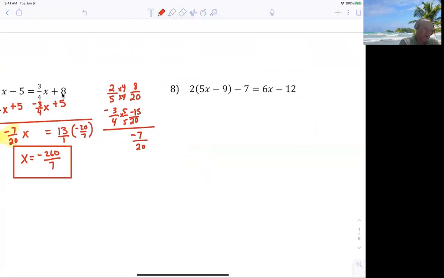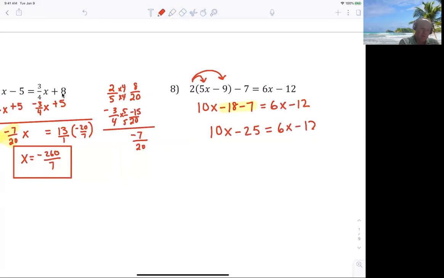Again, for number 8, you're going to combine terms. 10x minus 18 minus 7 equals 6x minus 12. Combining terms now, 10x minus 25 equals 6x minus 12.